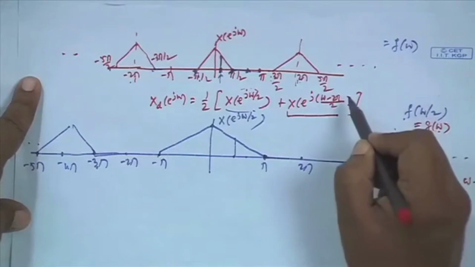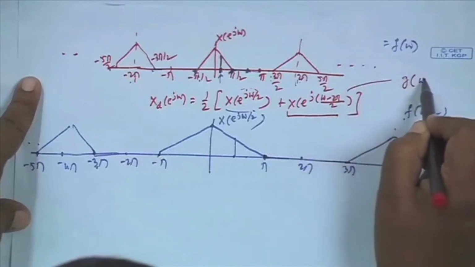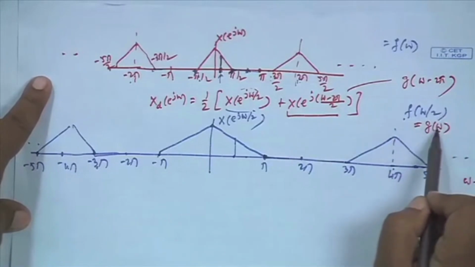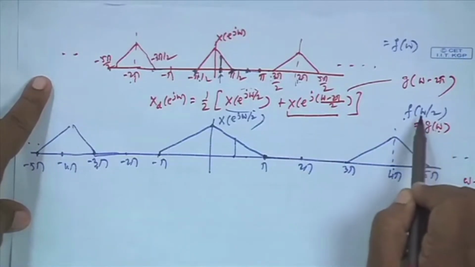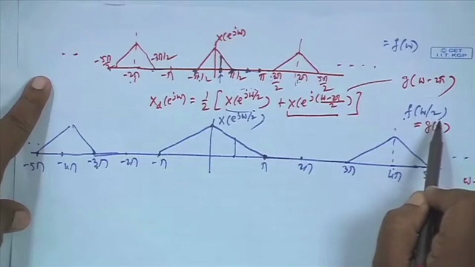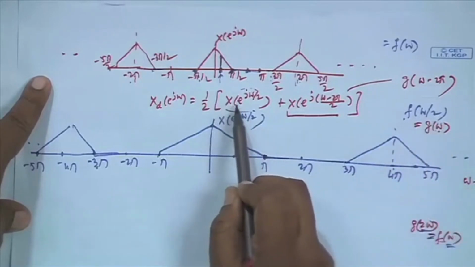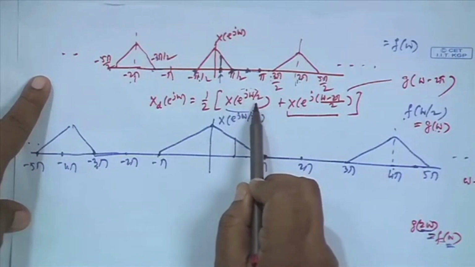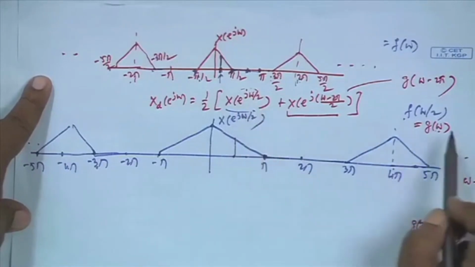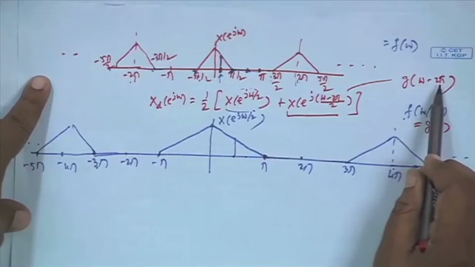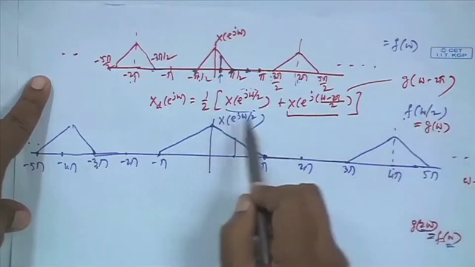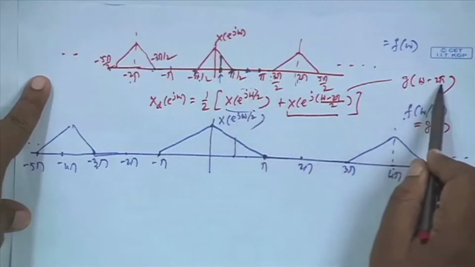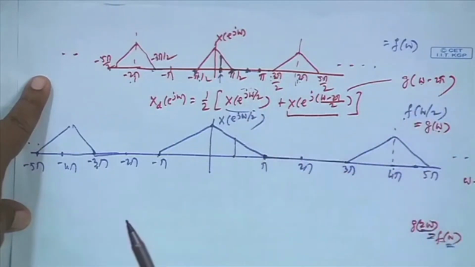This will be g omega minus 2 pi, because when it was omega, g omega was plotted as f of omega by 2. f of omega by 2 means capital X to the power j, earlier omega, now omega by 2. So now what is g omega minus 2 pi? Omega minus 2 pi means X to the power j, instead of frequency omega, it is omega minus 2 pi, and then by 2 as it is.